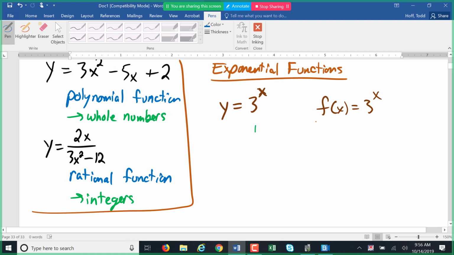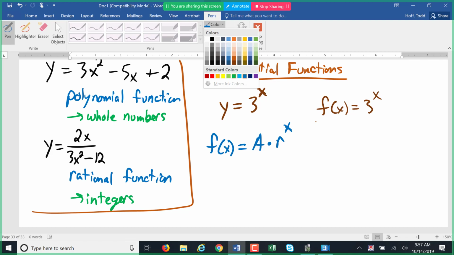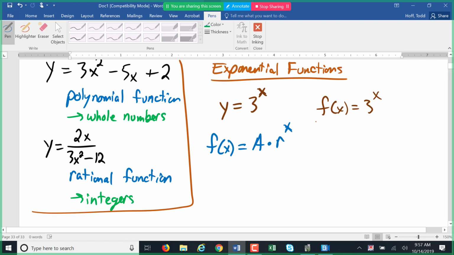An exponential function has a general form. F of x equals a, which is generally some starting amount, times some rational number, r, usually called the ratio, to the power of x. If you look at this kind of function, a times r to the power of x, when x equals 0, what does r to the x have to equal?